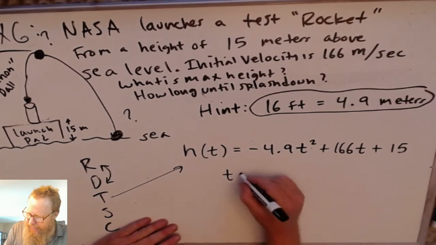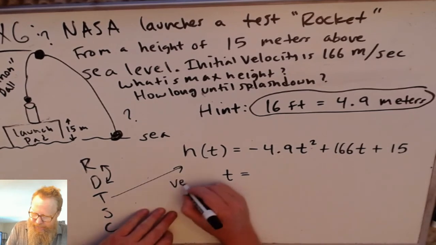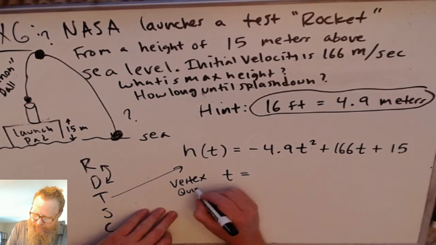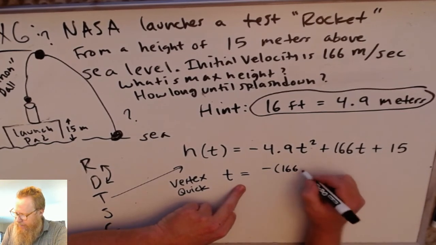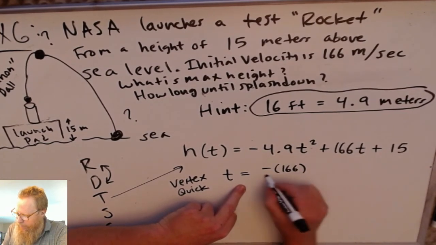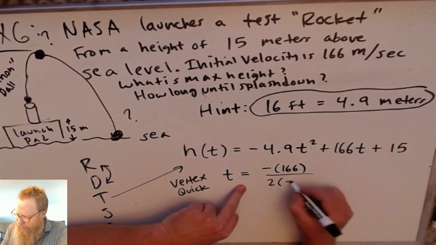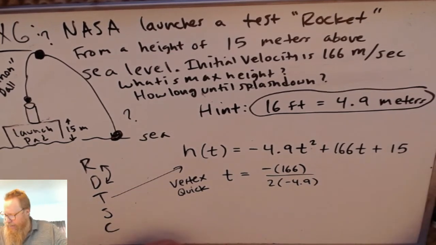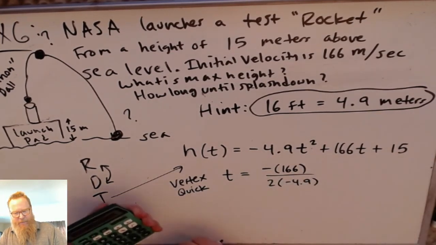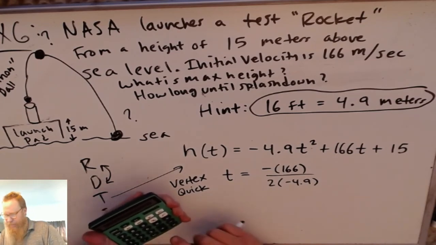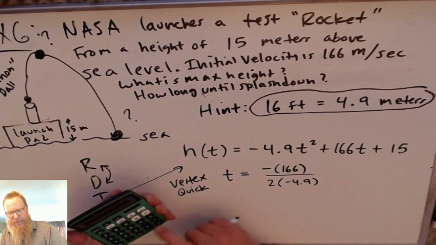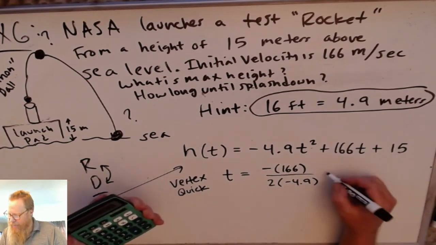The quick vertex, this time it'll be negative 166 over 2 times negative 4.9. What's that? 166 divided by 9.8.